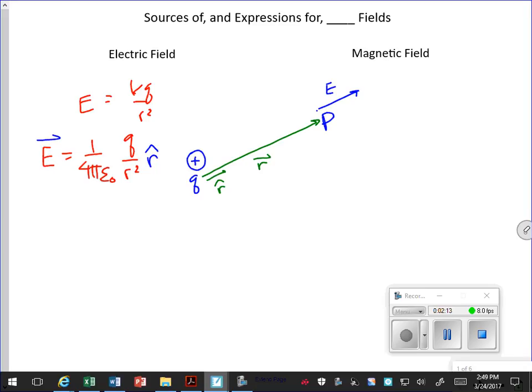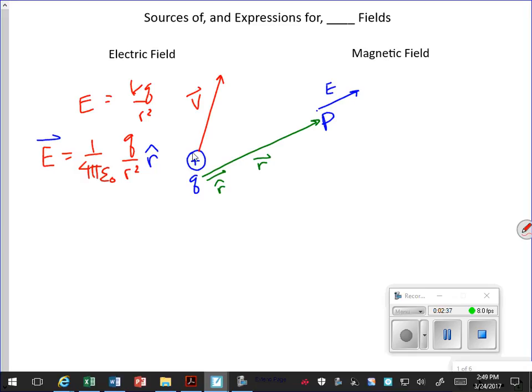Now, the magnetic field at this location, as we have this drawn, there isn't one. There is no magnetic field at point P unless we say that this charge is moving at a speed v, or at that velocity v.